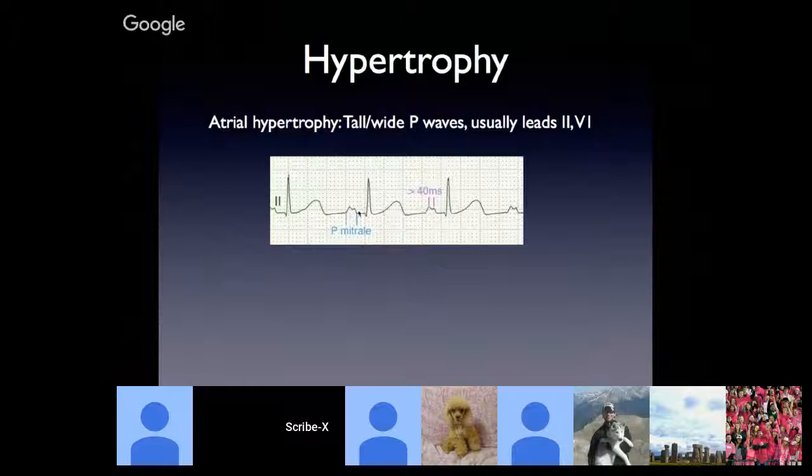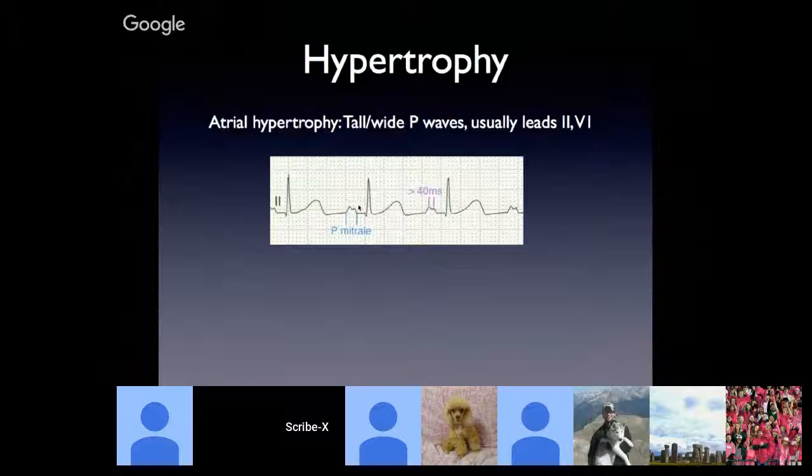And the causes for P wave hypertrophy or atrial hypertrophy are generally problems in the lungs. So someone with, say, bad emphysema, whose lungs are abnormal, you can imagine that the arteries in their lungs are abnormal, right? So they're going to have diseased pulmonary arteries.